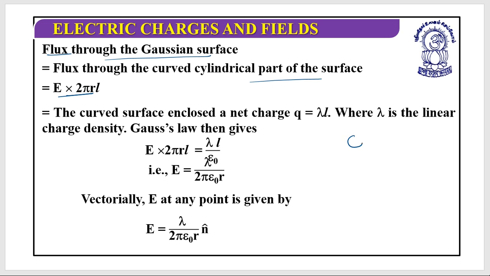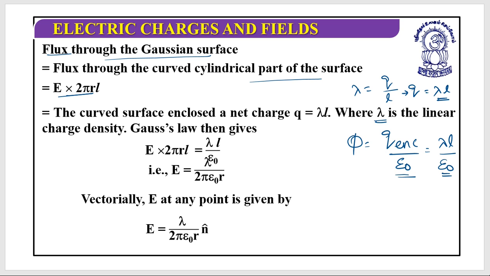Now, I already know that flux is always written as Q enclosed by epsilon naught. And when a charge lambda is given, which is a linear charge density, I know lambda is equal to Q by L, so Q is equal to lambda into L. So I can write this as lambda into L divided by epsilon naught.